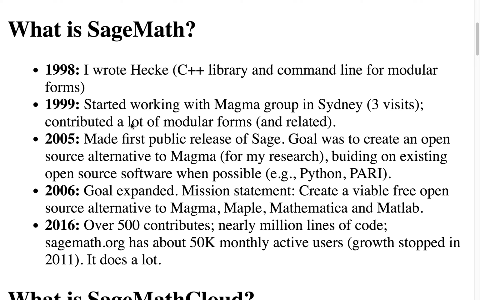I thought it would be nice to instead implement the same sort of algorithms in a bigger system so I could take advantage of things that were already there. I found out from another grad student about Magma, which is closed source, for-money software, developed and mainly funded by grants, at the University of Sydney in Australia.